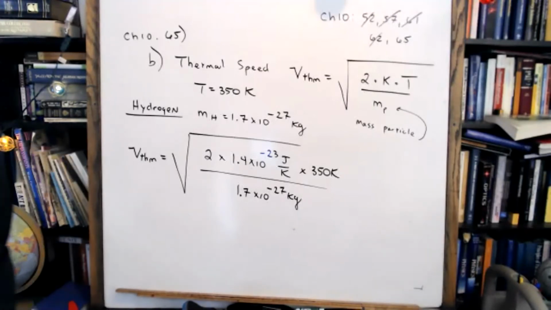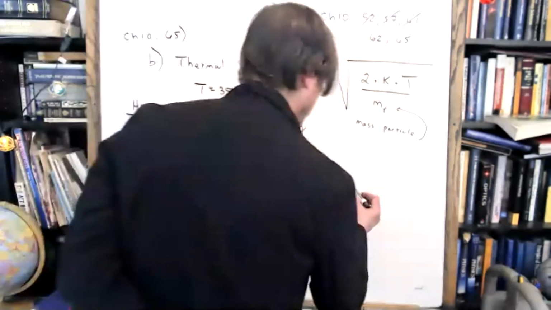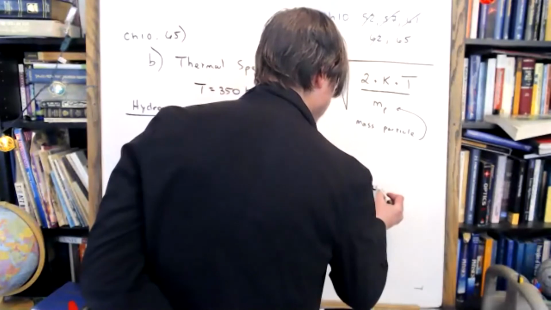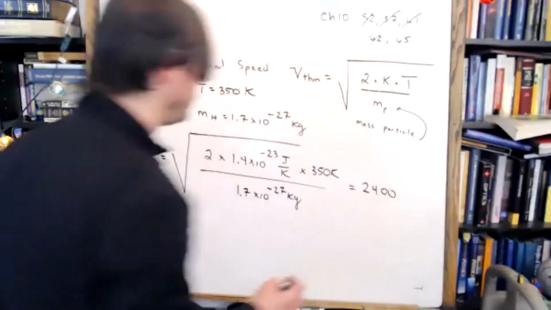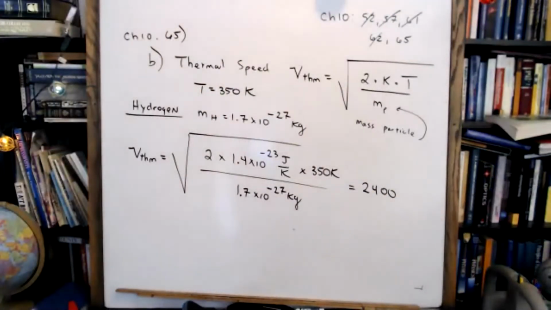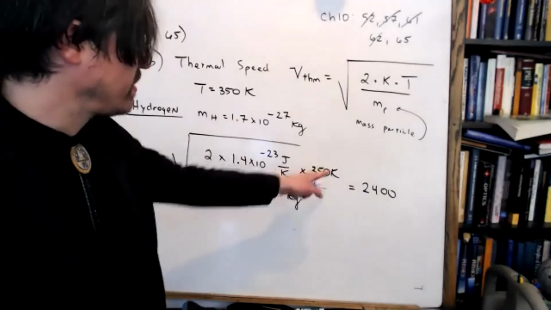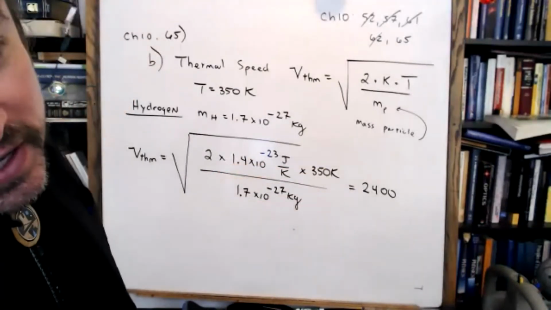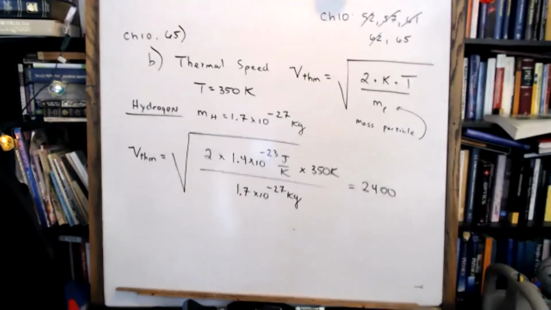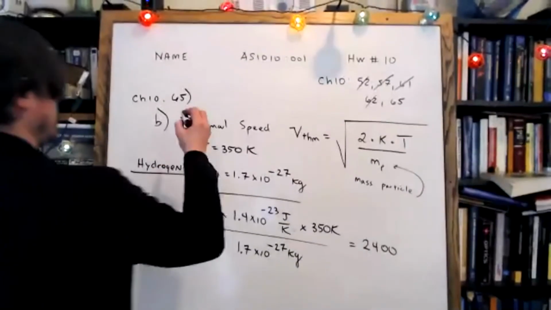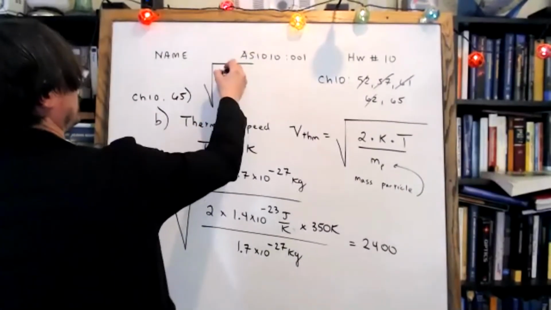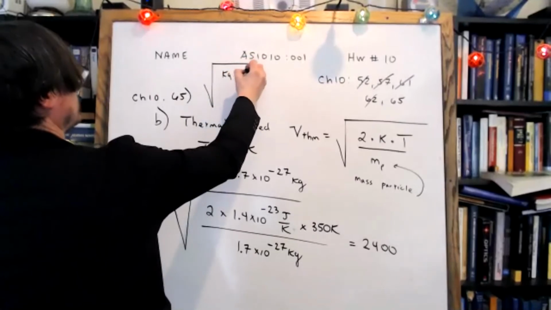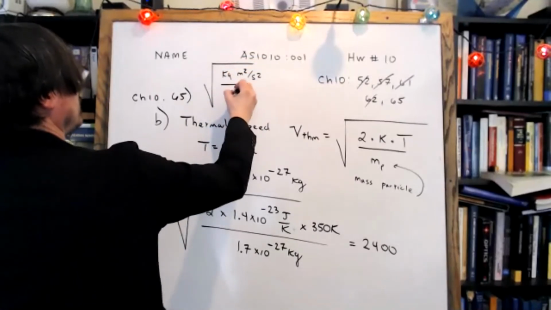Come on, folks. I got 2400, and the unit, would that be joules per kilogram? Hold on a second. Oh, it's radical joules per kilogram. But now you got to remember what a joule is, right? A joule is a kilogram meter squared per second squared.